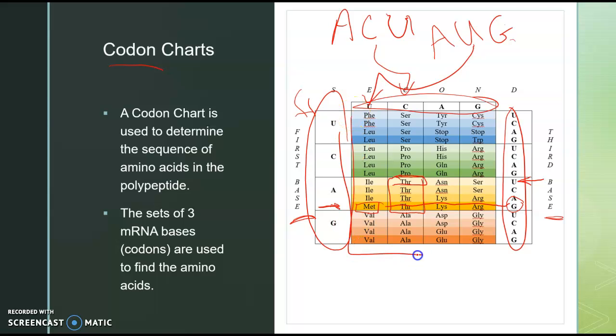So all of these are amino acids. These are where your mRNA bases are going to be.